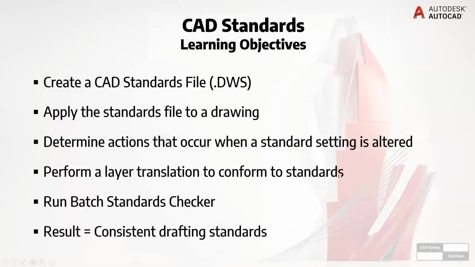And we've also got a layer translator, which will transfer our drawing layers and dimension styles and text styles into a different format if you want. But the easiest way to get into this is actually to get into AutoCAD and get started. And what we're going to have at the end is a consistent drafting standard across all our drawings in our office or all our drawings for a project, whatever it may be.